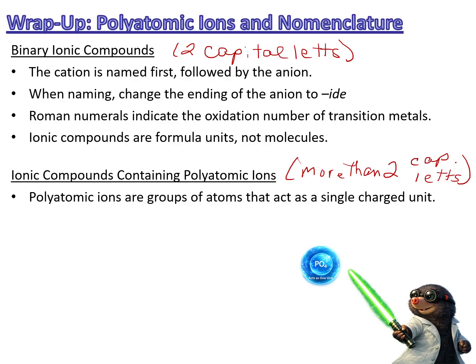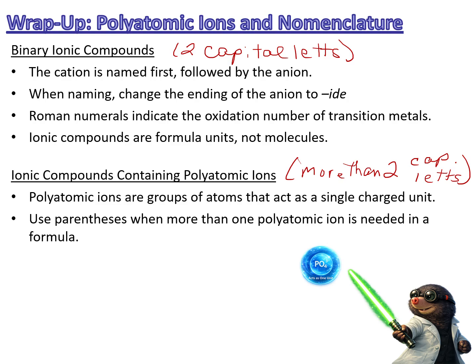It's kind of like a great big lumpy funny looking regular ion. And you got to remember to use parentheses when you have more than one polyatomic ion needed in a formula. If you want to use parentheses around every single polyatomic ion, that's fine with me.